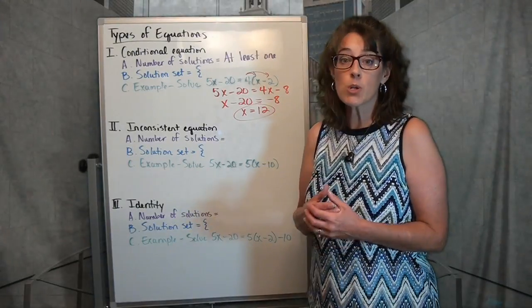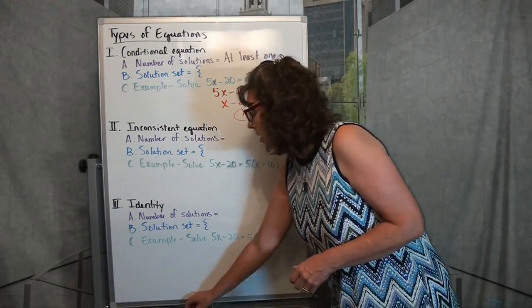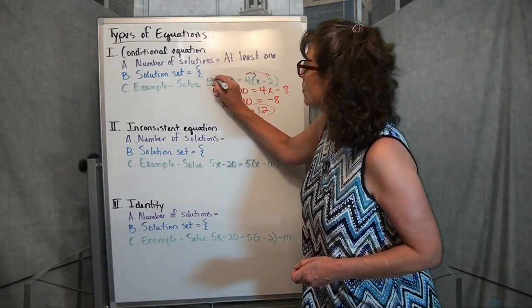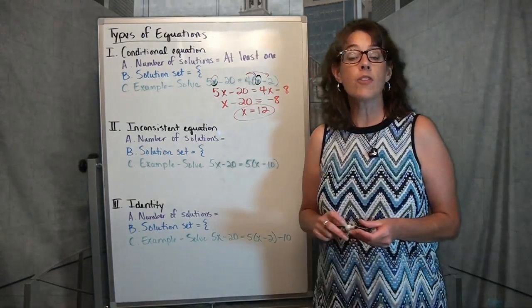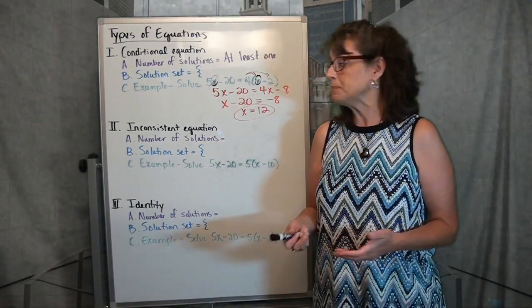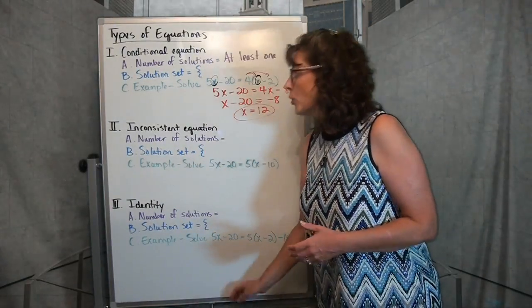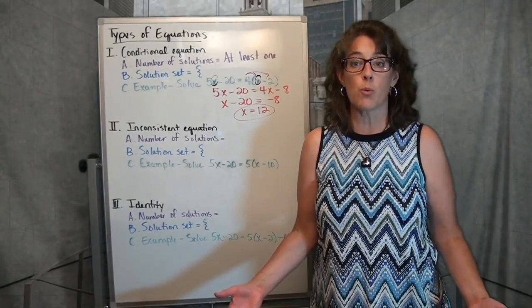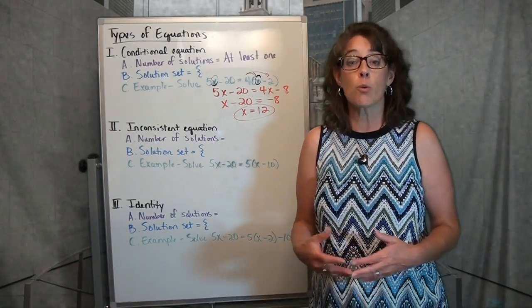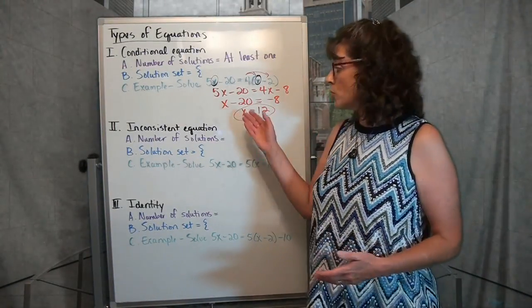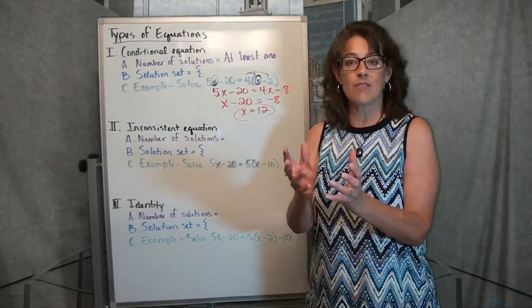The set of numbers that we're looking for are the numbers that we can plug in right here and get the left and the right side to be the same. Because when the left and the right side are the same, we have truth. And so we're looking for a set of numbers that will work. At times there is more than one number that will work, but at times there's only one number. But it is a set of numbers.